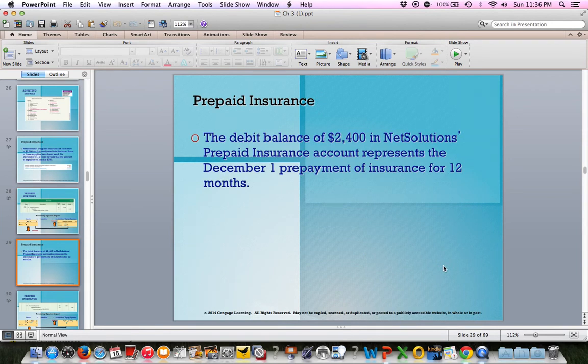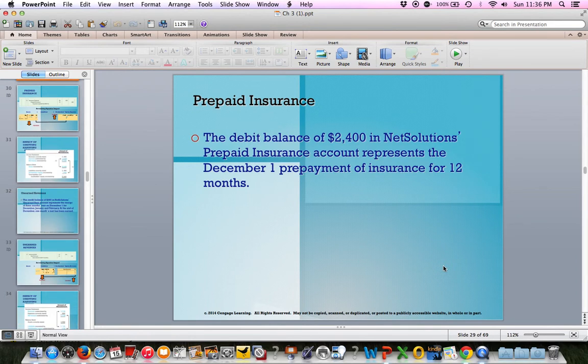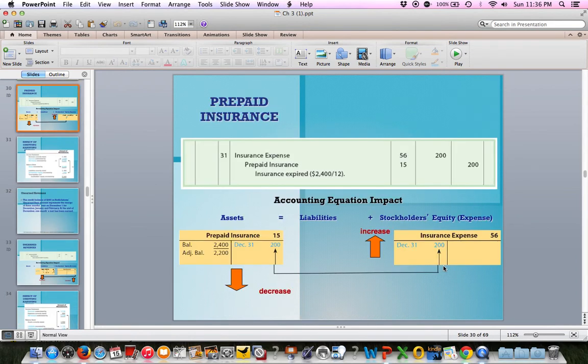Another example of that is prepaid insurance. You can see here the debit balance of $2,400 in Net Solutions' prepaid insurance account represents the December 1 prepayment of insurance for 12 months. Okay, so on December 1 they wrote a check for $2,400 which covered 12 months' worth of insurance. So after 1 month goes by, the month of December, they've used up 1/12 of that balance.